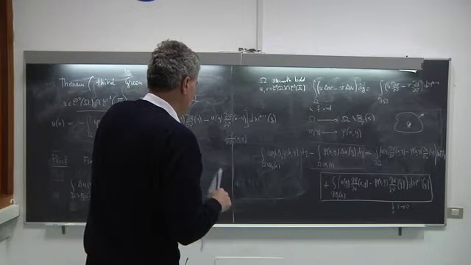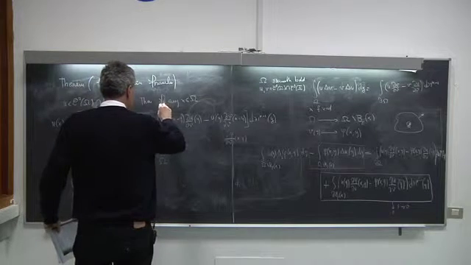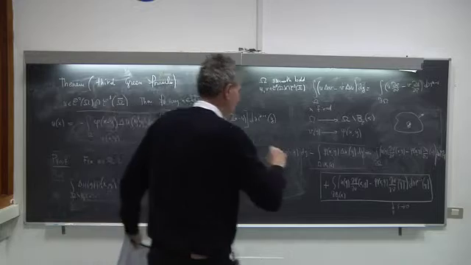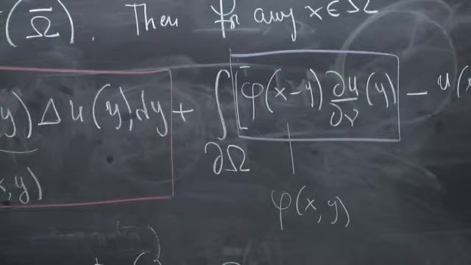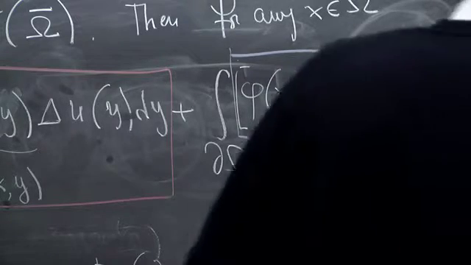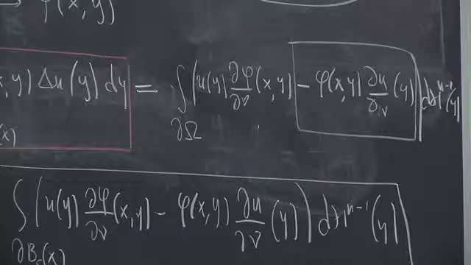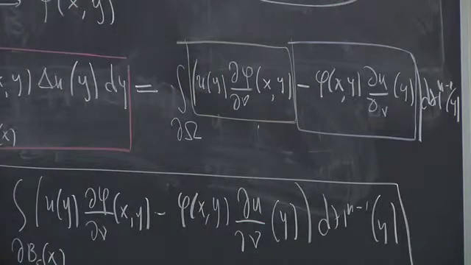Then this with the plus is this. If I put this on the right and on the left hand side, I find it with the plus. And then if I put this on the left hand side, I find it with the minus.